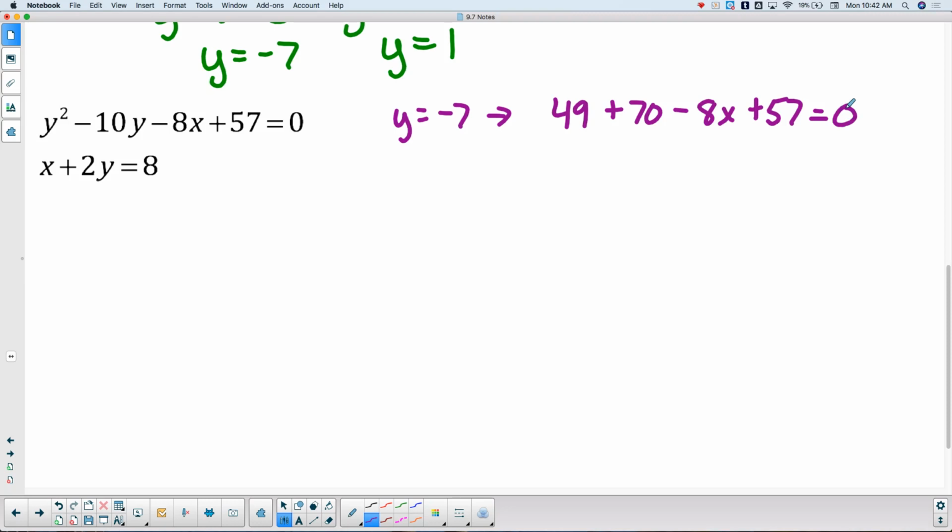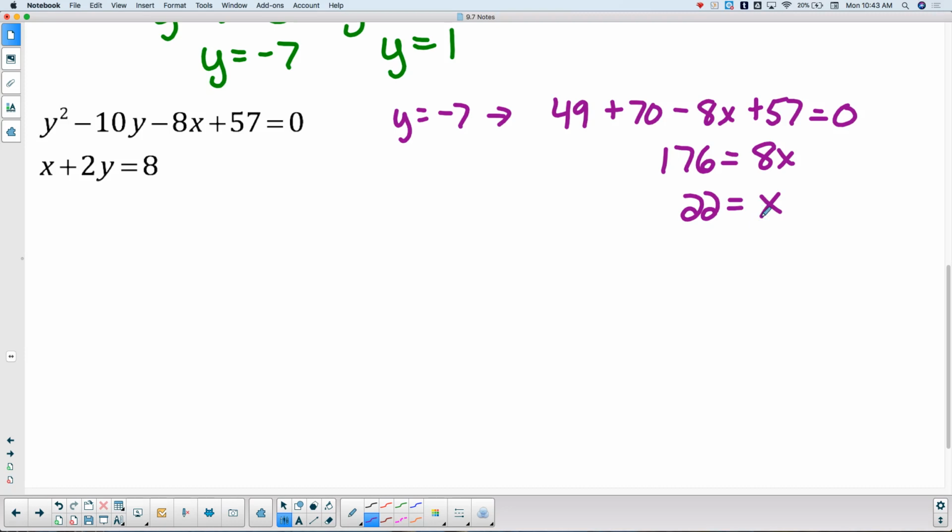So that gives me, what's that, 119, 176 equals positive 8x if I move the 8x to the other side. Divide both sides by 8. Should be 22. Yep, 22 gives me x.